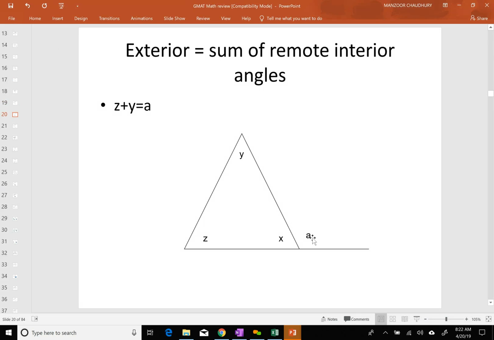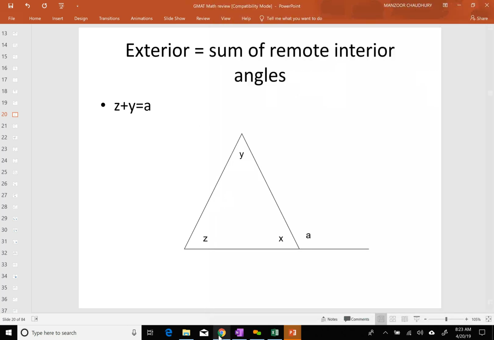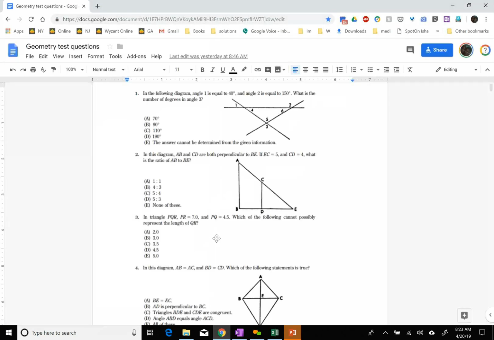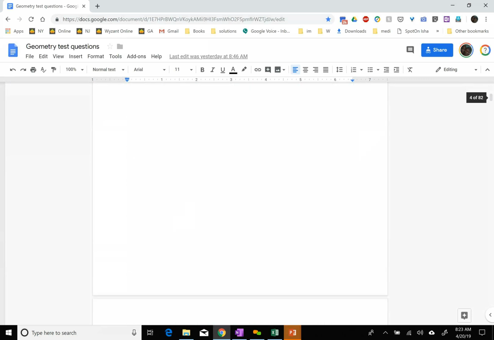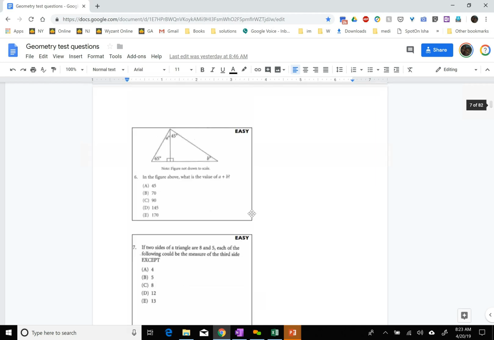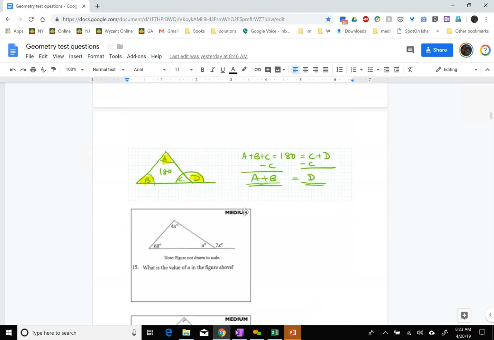This outside angle, angle A, is equal to angle Y and Z. I'll show you the reason, the logic behind it. I'll copy it to the notes later. See this?